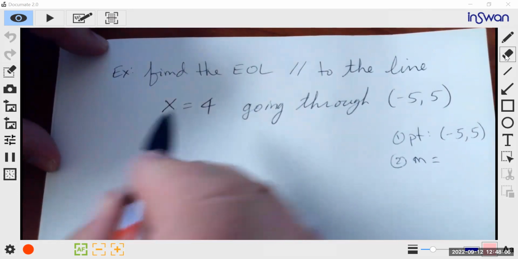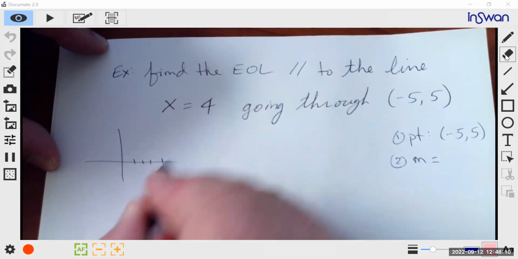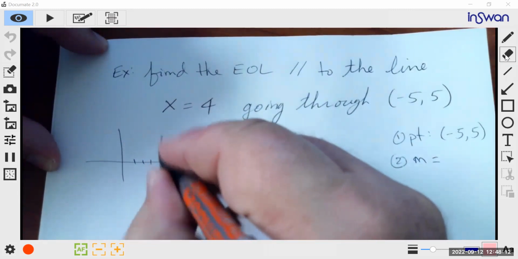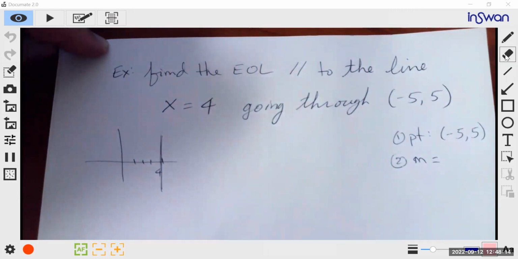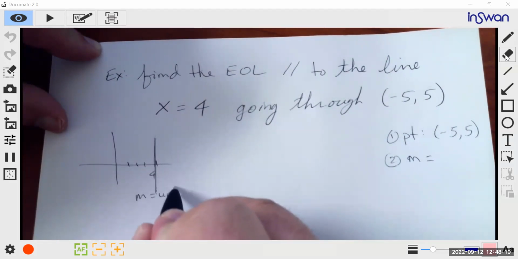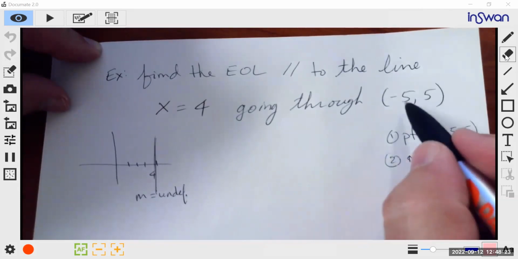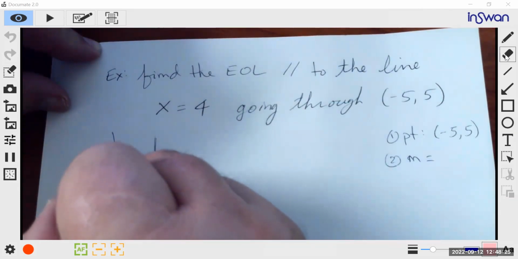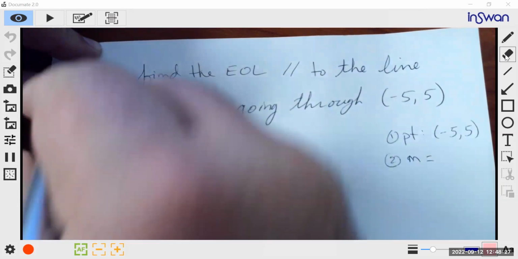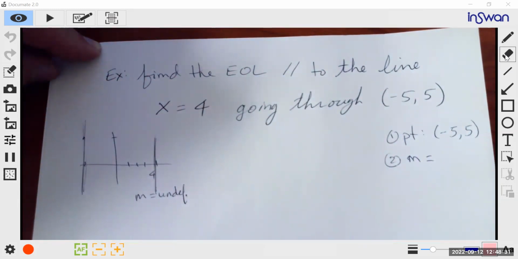Because this one here, if it's a line going through x equals 4, it's a vertical line. There's no y values. So the slope here is undefined. So a parallel line going through -5, 5 has to have the same type of equation. So what's that equation going to look like?